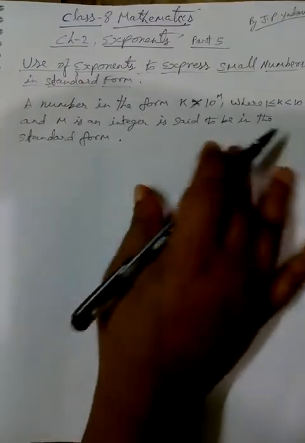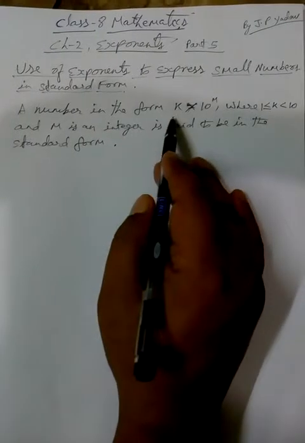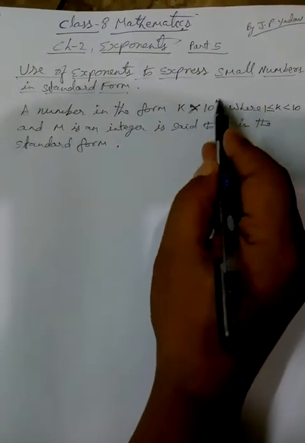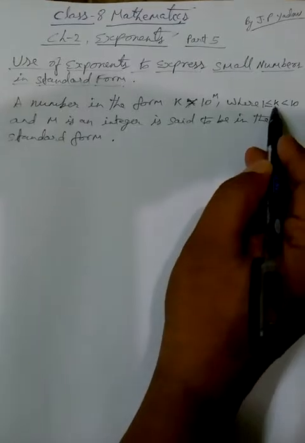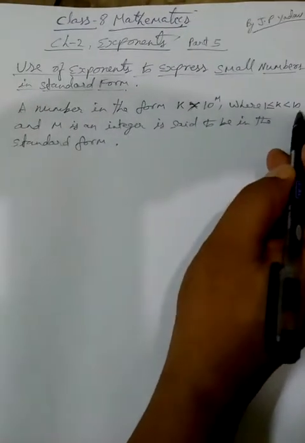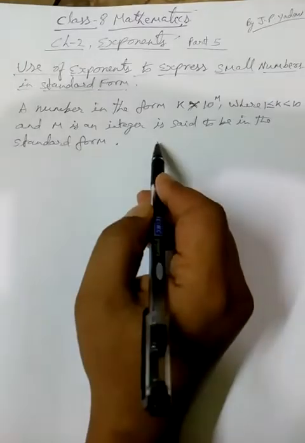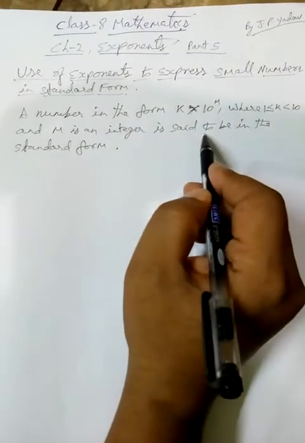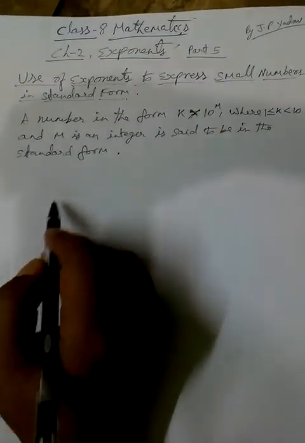This is the definition of standard form. A number in the form k into 10 raised to power m, where k is greater than or equal to 1 but less than 10, and m is an integer, is said to be in the standard form.